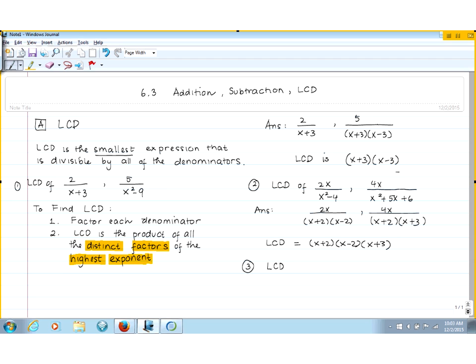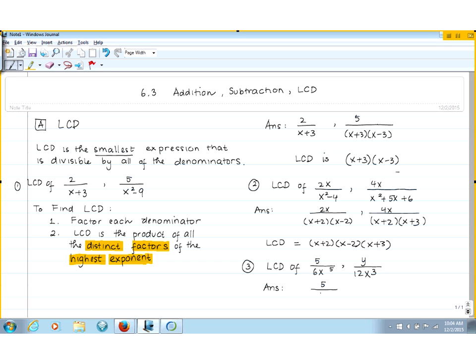Now, number 3, this is supposed to be easier. Find the LCD of 5 over 6x to the 5th and y over 12x cubed. Let's see.